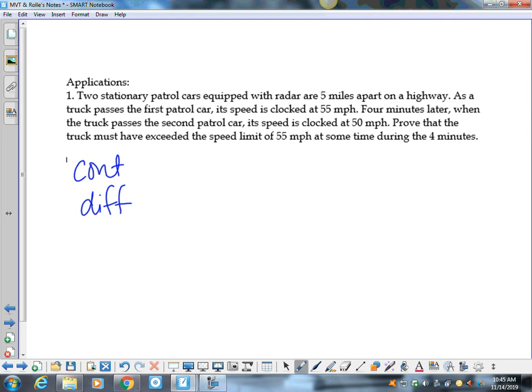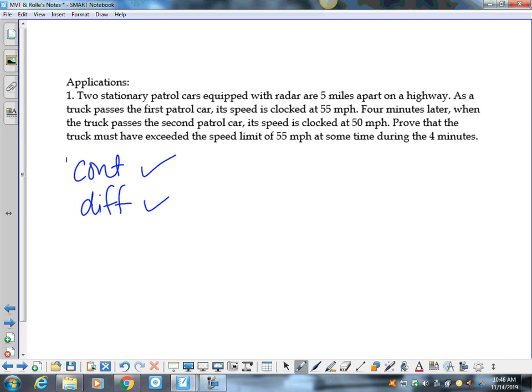And this happened over the course of 4 minutes, and speed, velocity is a fluid thing. It's never discontinuous. Even if it stops, eventually he made it from one patrol car to the other. He couldn't have skipped over any part of the highway. So we have to be continuous, and then we also have to be differentiable. So we're just going to kind of state that.